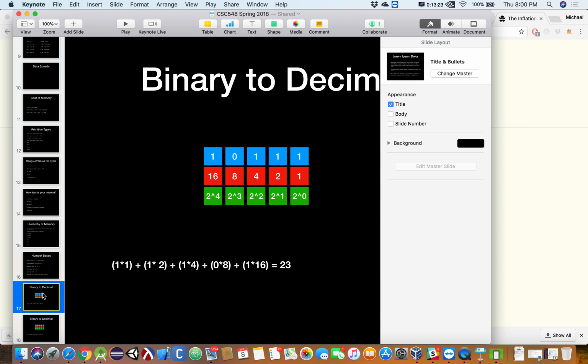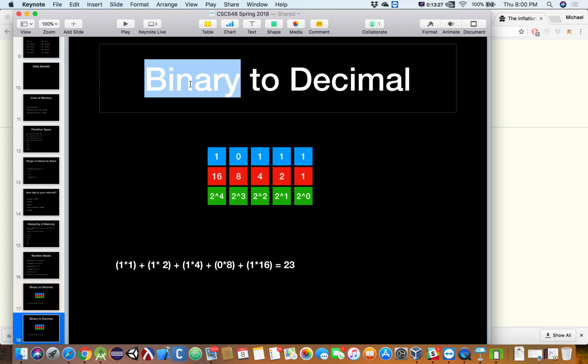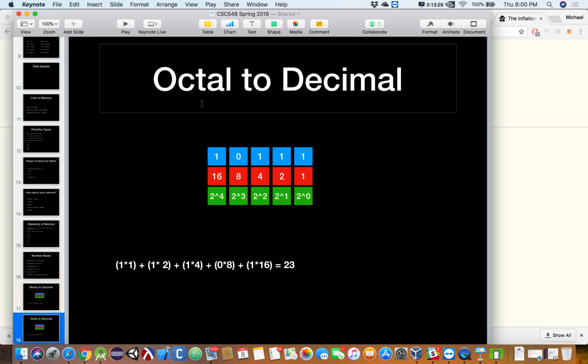Let's say we want to do octal to decimal. Is this a legal octal number? Yeah, sure. It only uses things between 0 and 7.